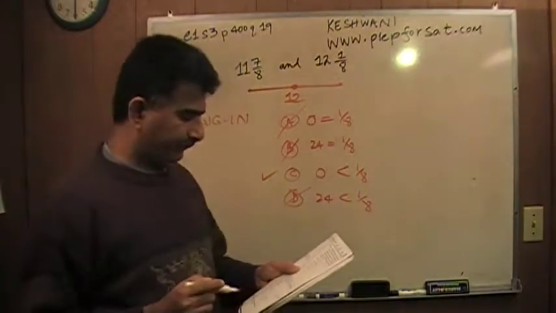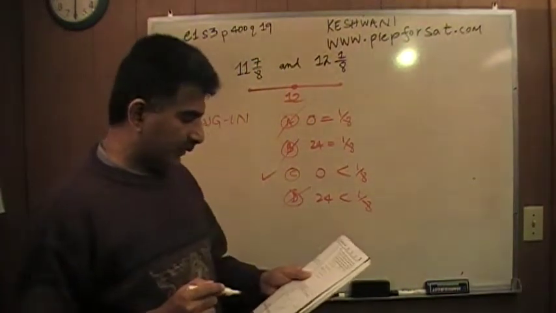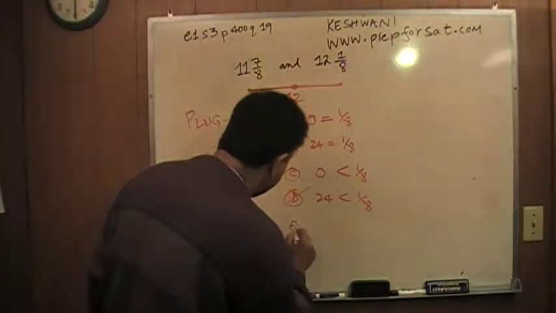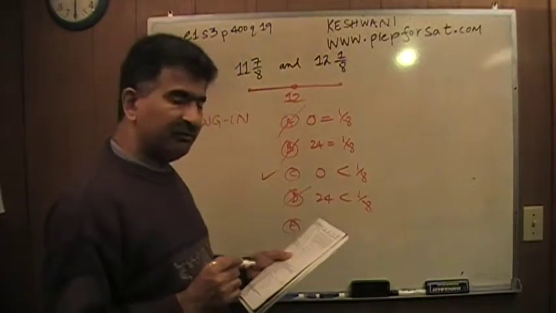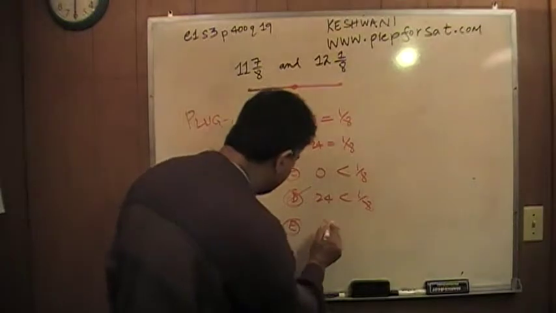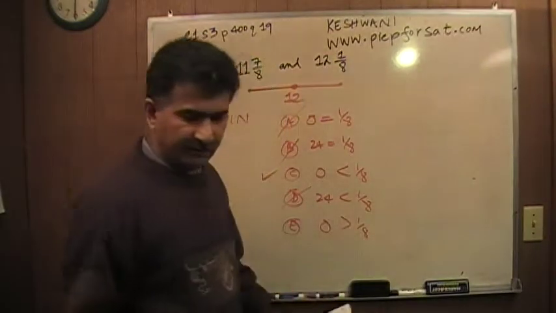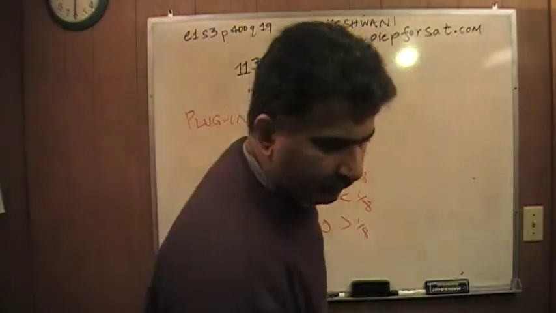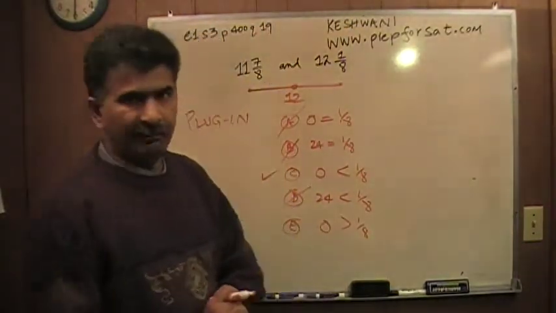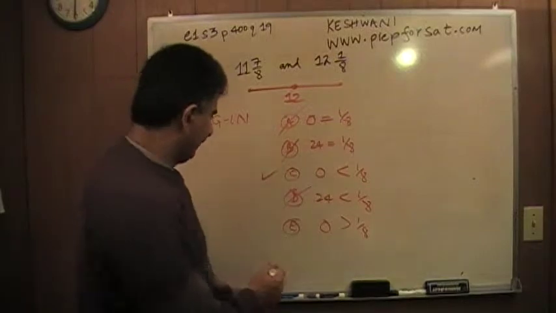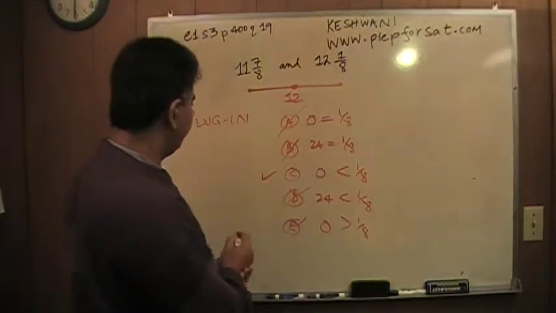Silly. Just nonsense. And finally, answer choice E says 12 minus 12, which is 0, and we are told that is greater than 1/8. Last time I checked, 0 was having a great deal of difficulty being greater than 1/8. So that's not the answer. The answer in this case is C.